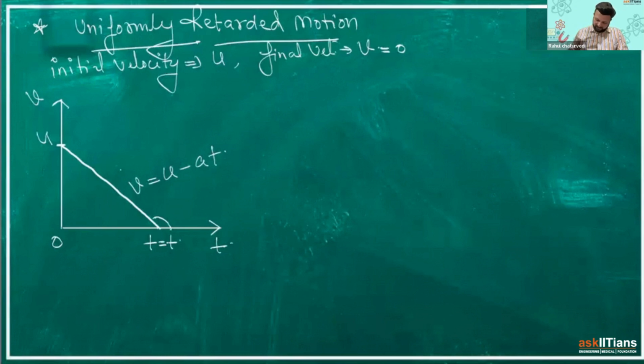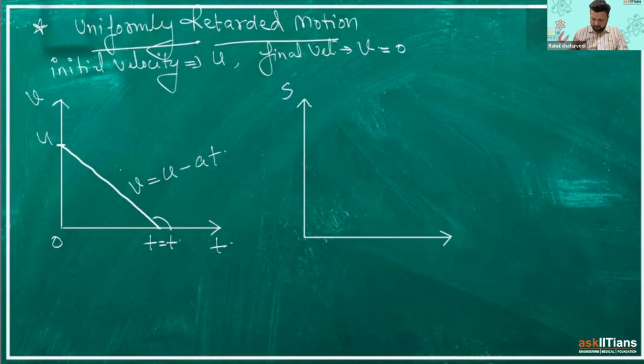Fine. And in the same case, if you have to draw the ST graph, so in this ST graph, your graph will be what? As we know that the slope of the ST graph gives you velocity, right?